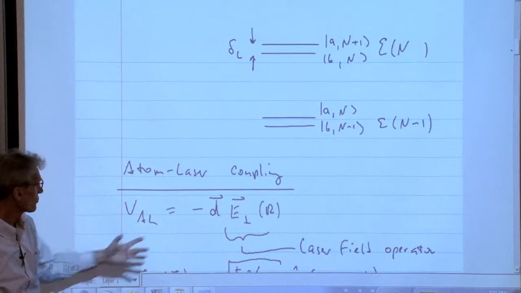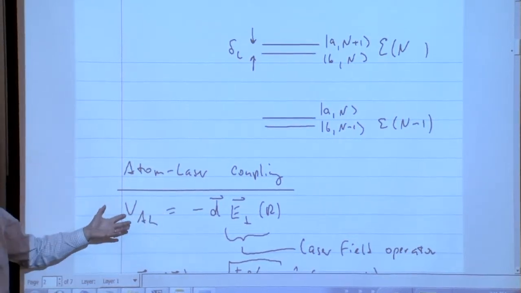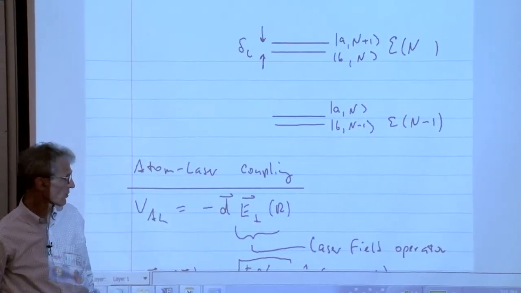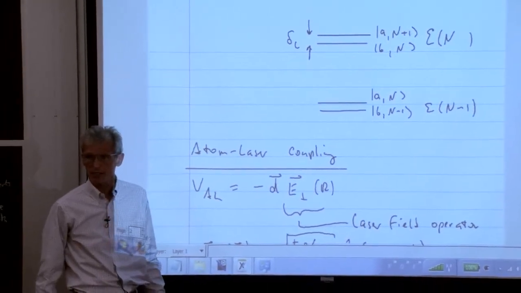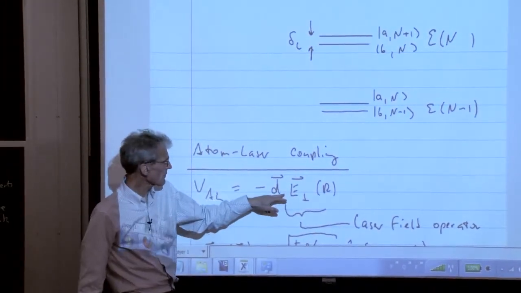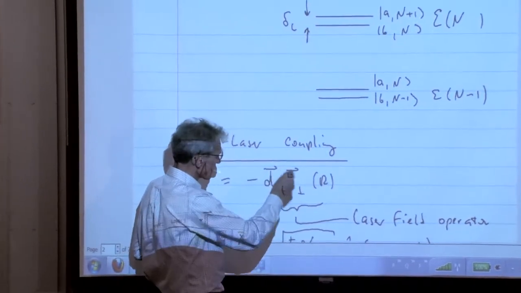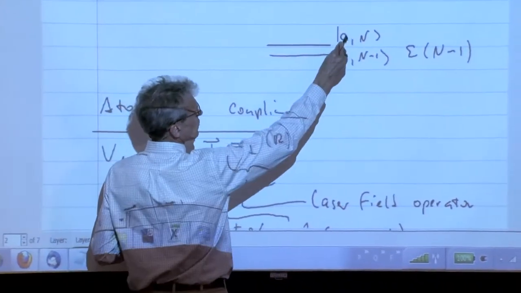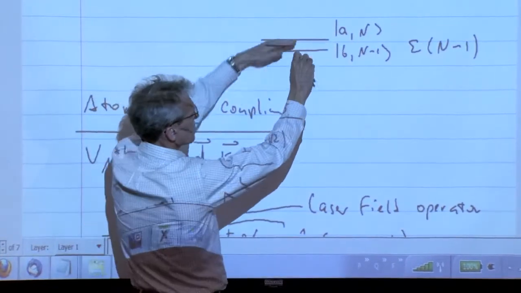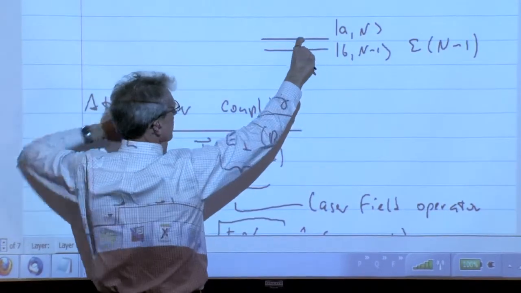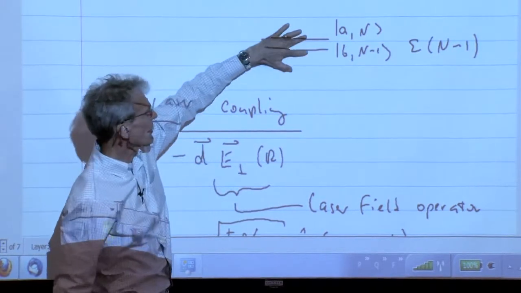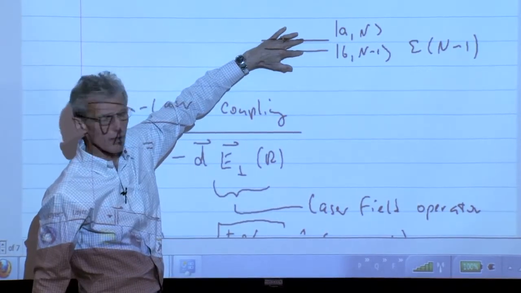So now I introduce the atom laser coupling in the usual dipole approximation. And what happens is this dipole light atom coupling will couple, of course, ground and excited state, and it will of course have a big effect when the energy splitting is small.